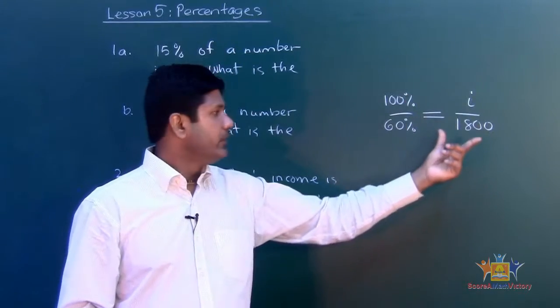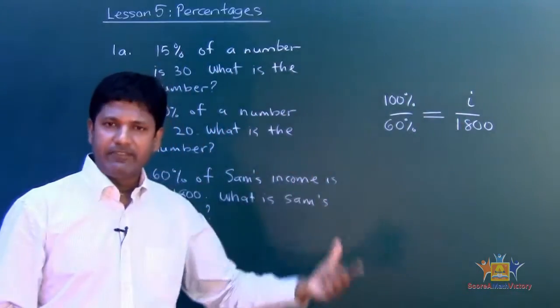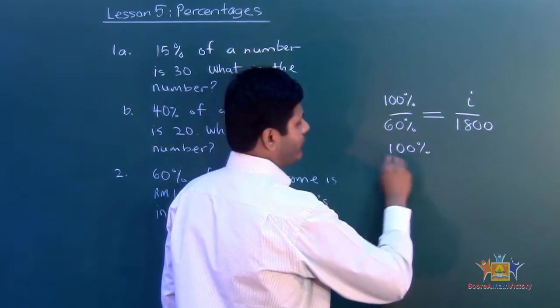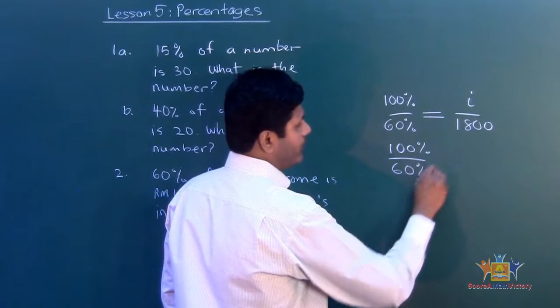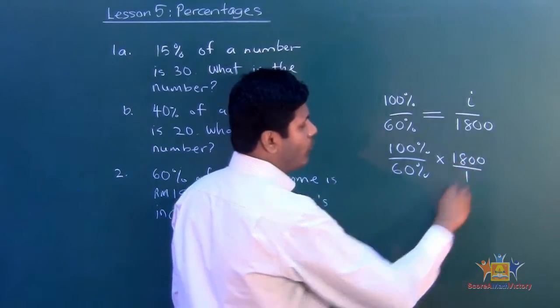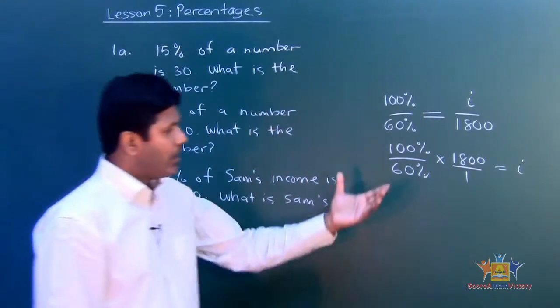So who's got to go? 1,800. What's 1,800 doing towards I? It's dividing. Division crossing the bridge becomes multiplication. Very good. So I'm going to bring it across the bridge and multiply, putting it over 1 as a fraction, equals I. Now I'm going to simplify.